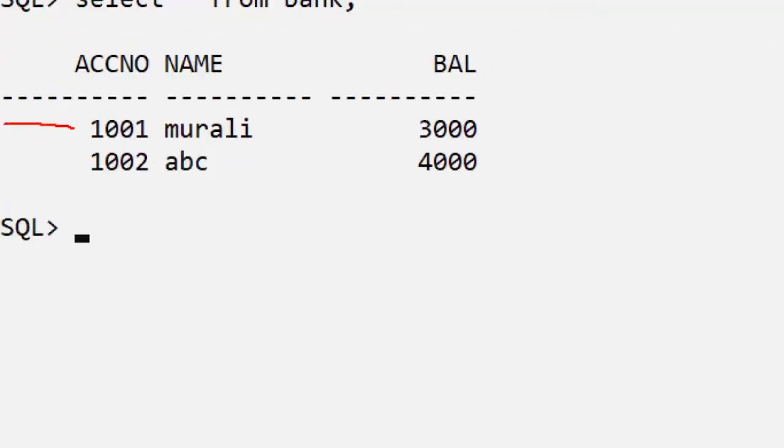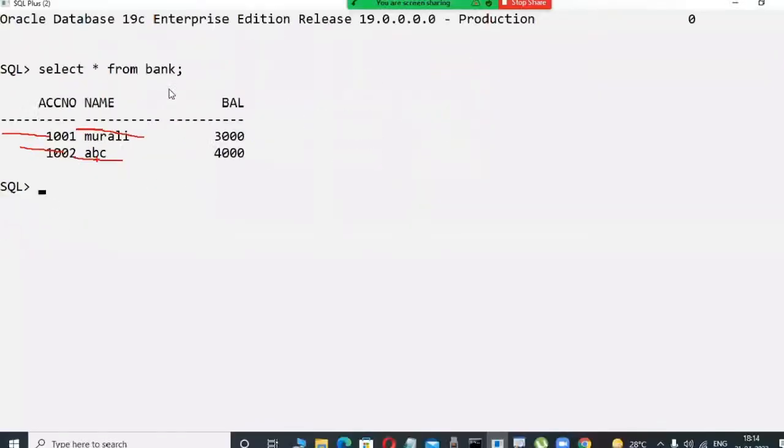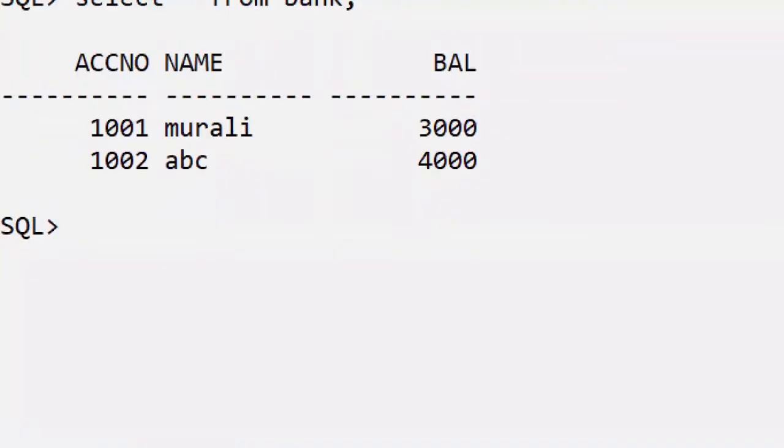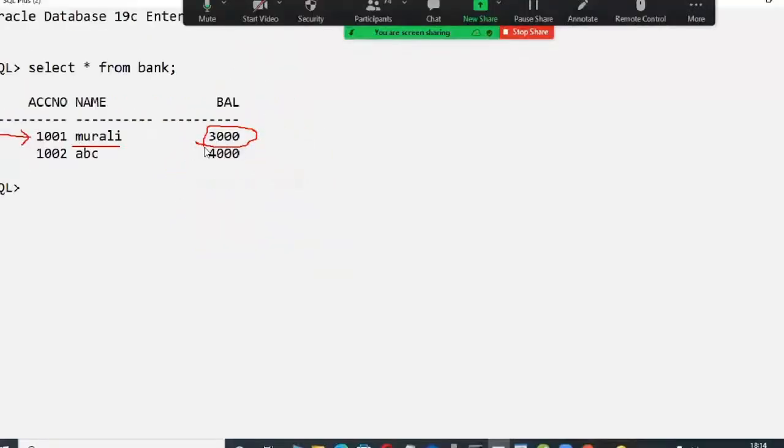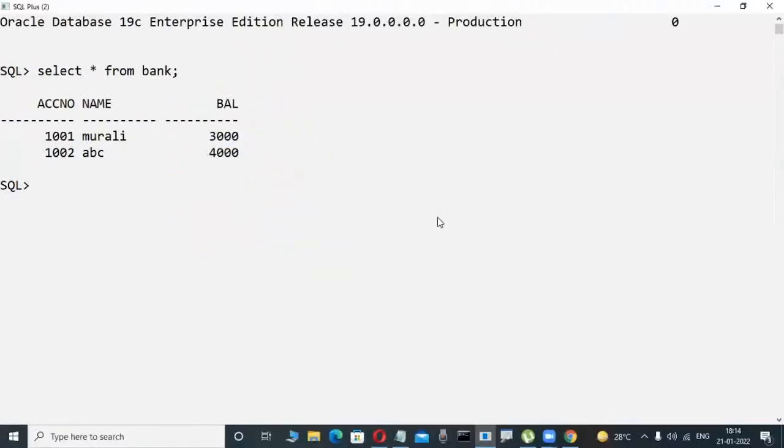These are called rows or data. Observe here for 1 minute. 1001 is an account number. My name is Murali, I'm an account holder. My balance is how much? 3,000, for example. Now check out the scenario, slowly observe it here.